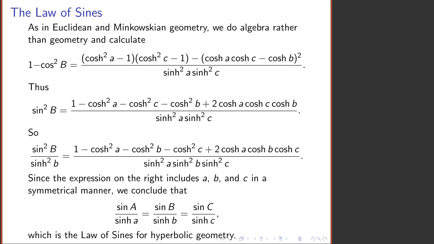But notice here, since we're using elliptic angle measure and hyperbolic length measure, the ratio in question is the sine of the angle, ordinary trig function, over the hyperbolic sine of the hyperbolic length.